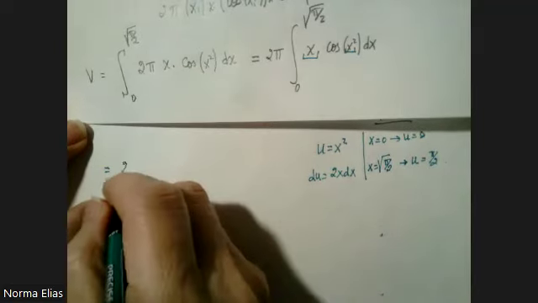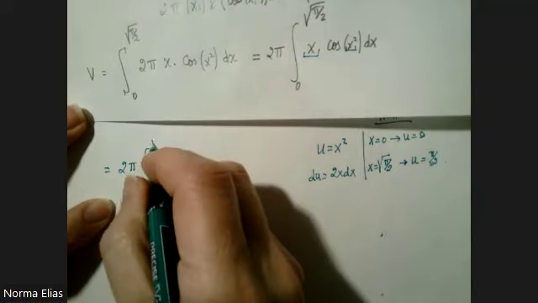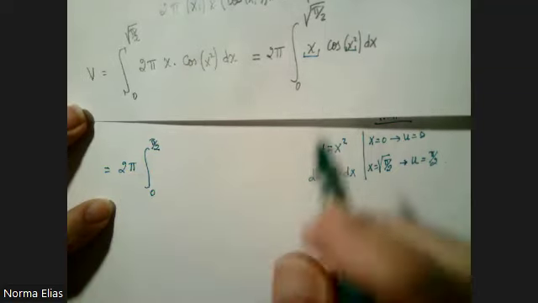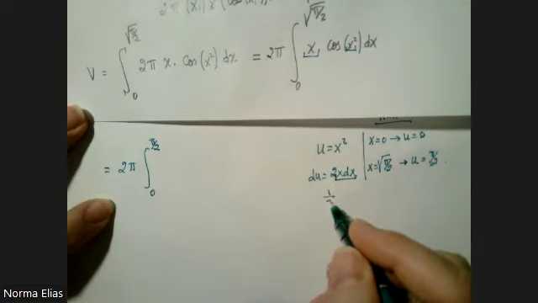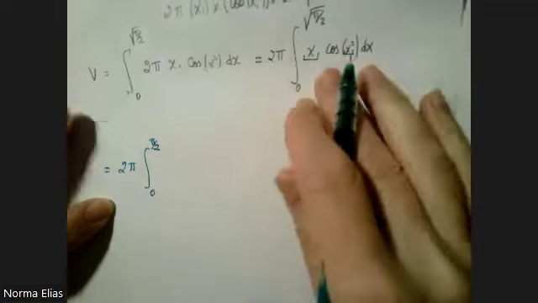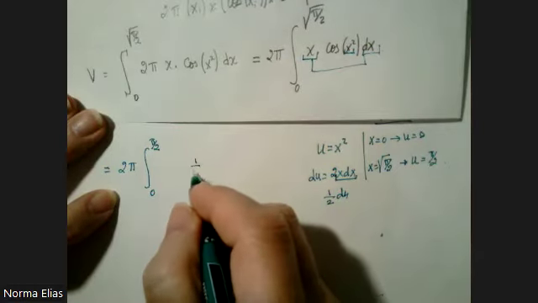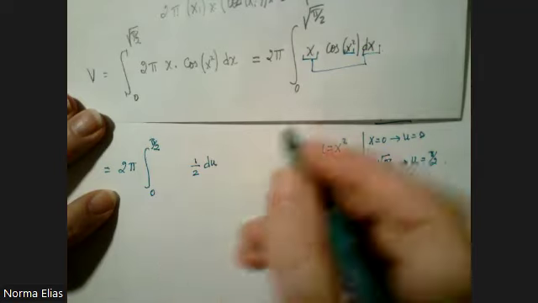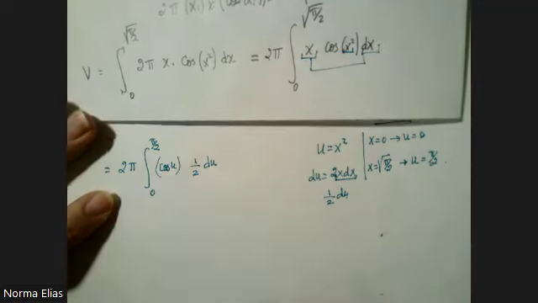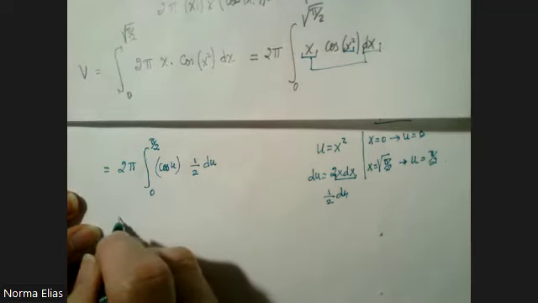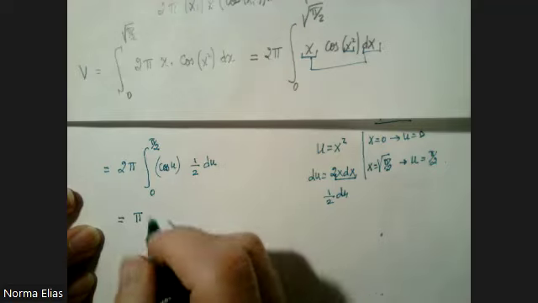And now I'll take this integral and put everything in terms of u. I will get 2 pi times the integral from 0 to pi over 2 of x dx, which is a half du. So this x combined with this dx gave me the half du. The cosine x squared is the cosine of u. So finally, a half is a constant. I take it out, which gives me a pi.